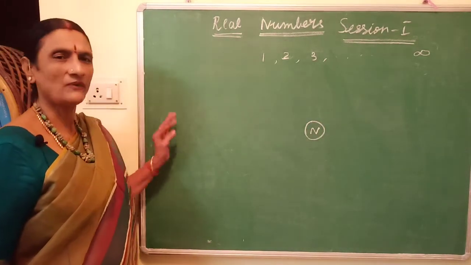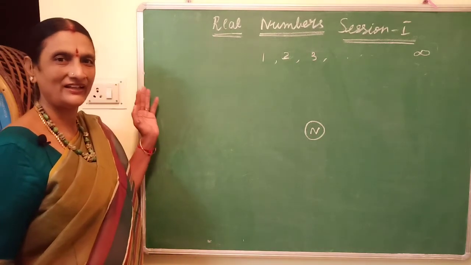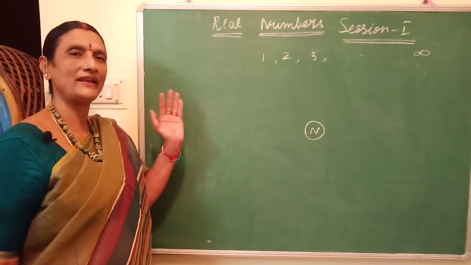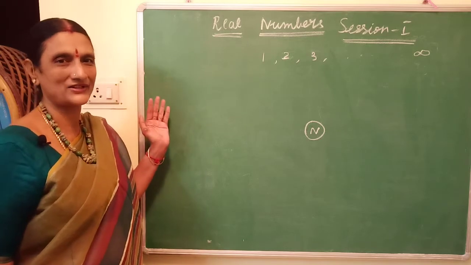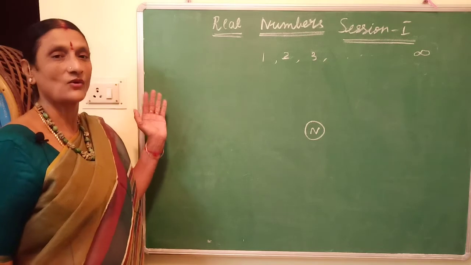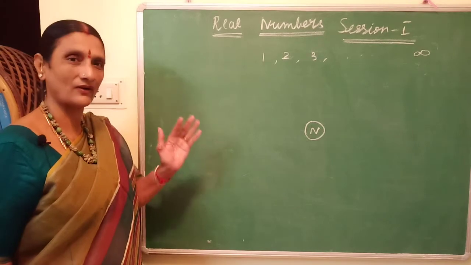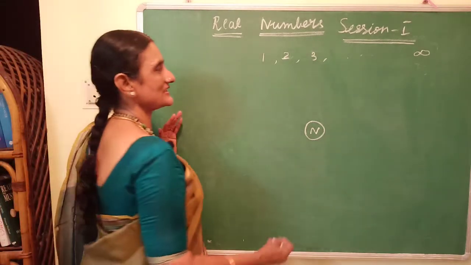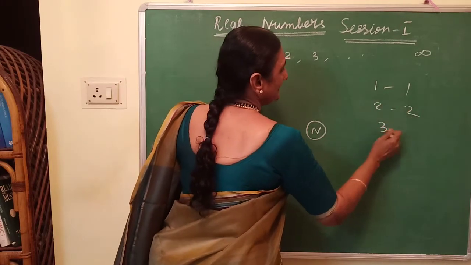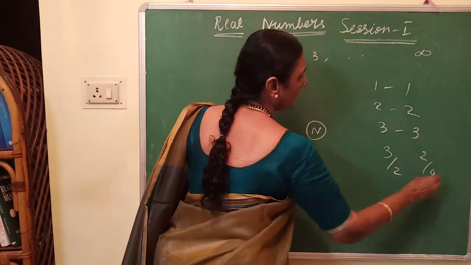Now, as and when we operate on this number system, we studied how to represent the numbers on the number line and how they behave with respect to the basic 4 operations: addition, subtraction, multiplication and division. When we did those operations, we came across certain situations like 1 minus 1, 2 minus 2, 3 minus 3, 3 divided by 2, 2 divided by 4.